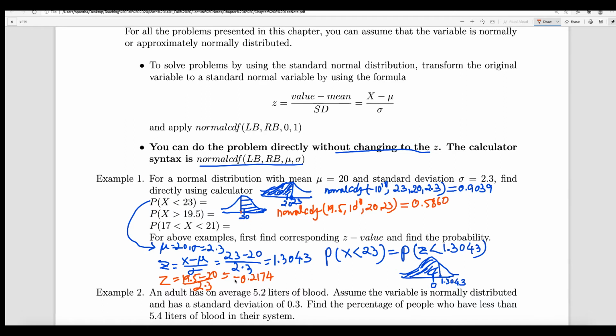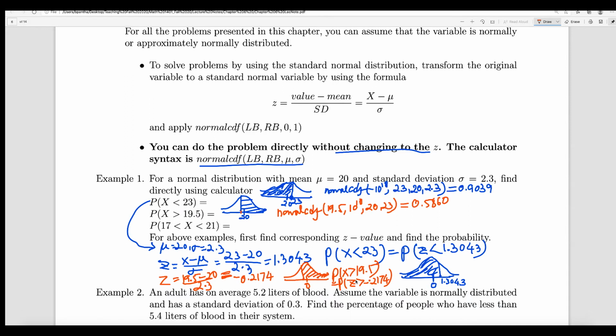You want to find the area right of that. The middle one is 0 because we changed to g, so you want the area right of that value. So the probability of x greater than 19.5 is the same as the probability of g greater than negative 0.2174.